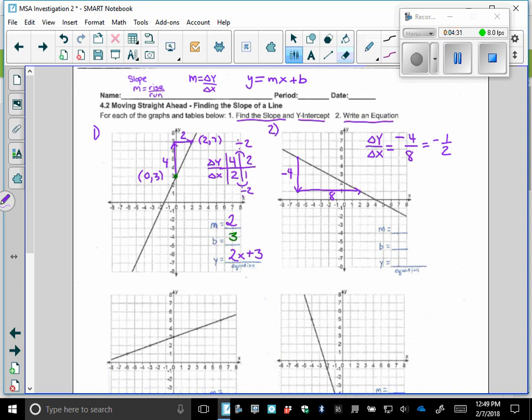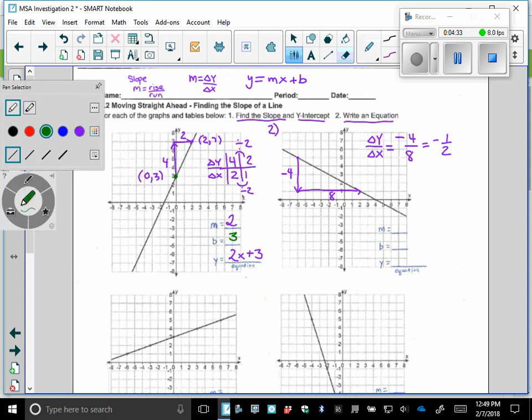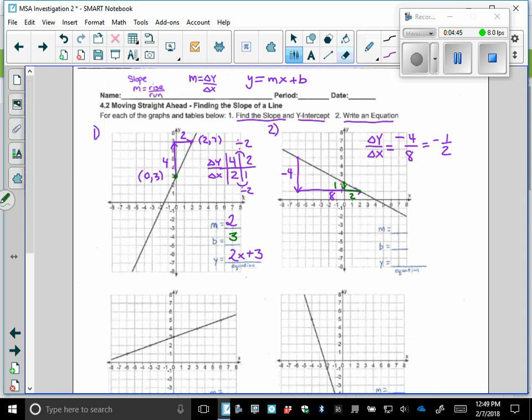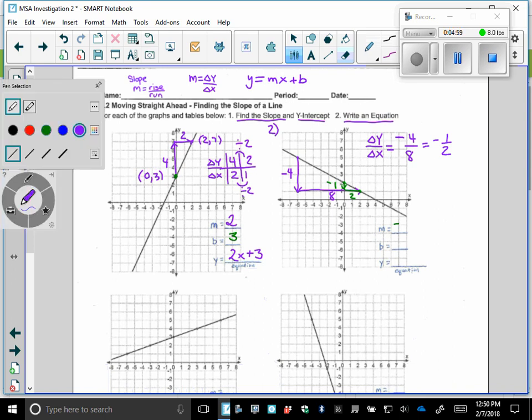If you look close, you might be wondering why it didn't go from here to here. I'm just trying to demonstrate that there's more than one correct way to get the slope. Here we're going down 1 and over 2. Since we went down and to the right, we have a negative slope. So our slope is negative 1/2.